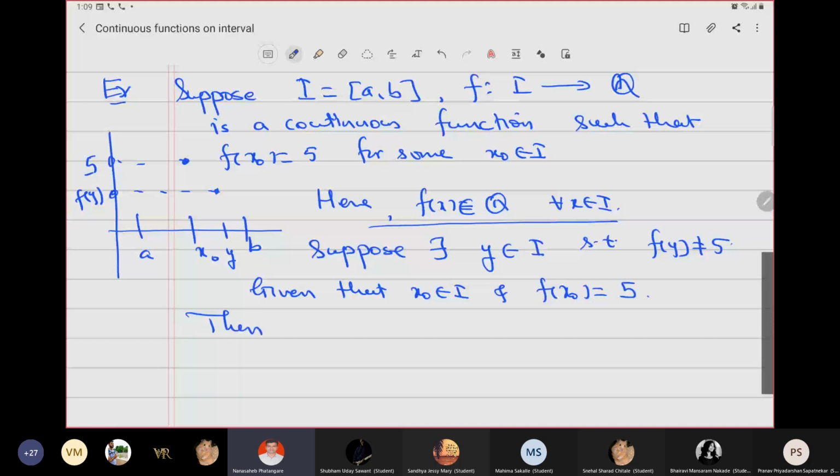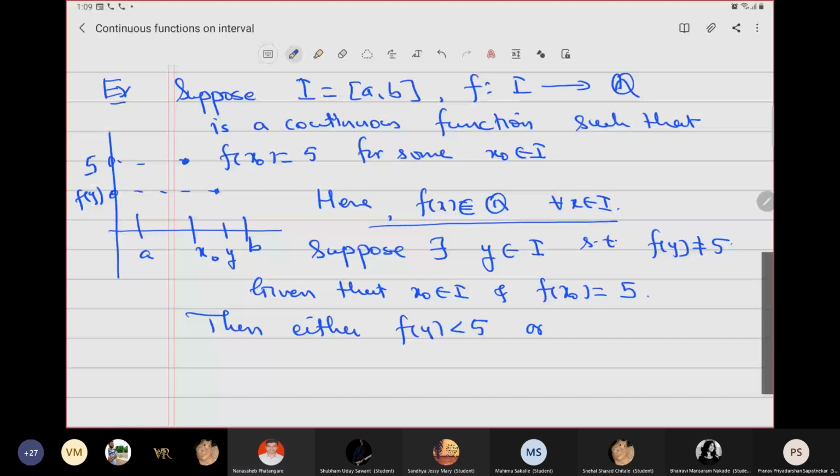Then either f(y) is less than 5 or f(y) is greater than 5. But what is 5? f(x0), right?